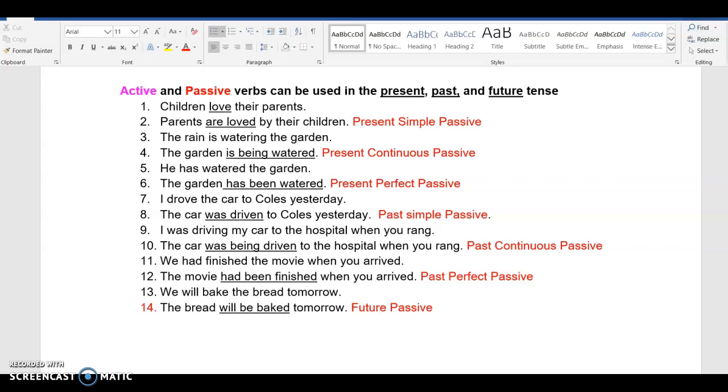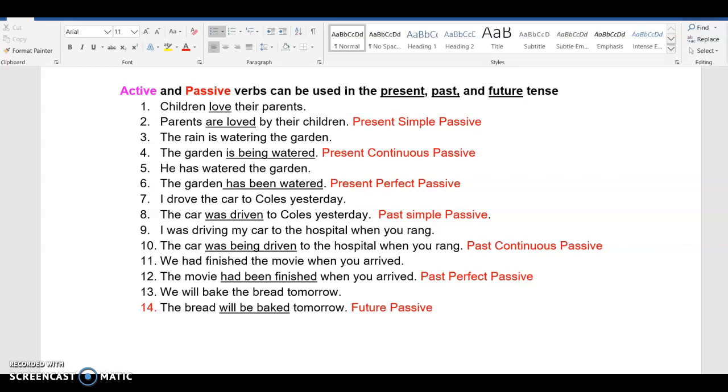Let's look at number 10. The car was being driven to the hospital when you rang. So number 9 and 10 are very similar, but one's an active and one's a passive. Okay? So number 9 was the active. I was doing the driving. But number 10, the car. The car is not doing the driving.